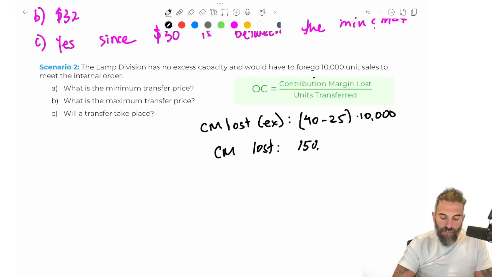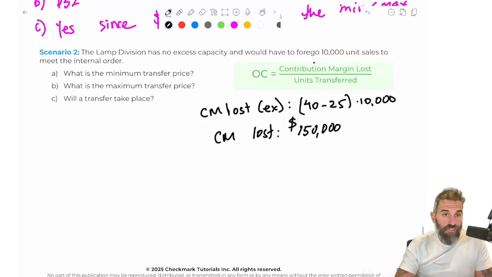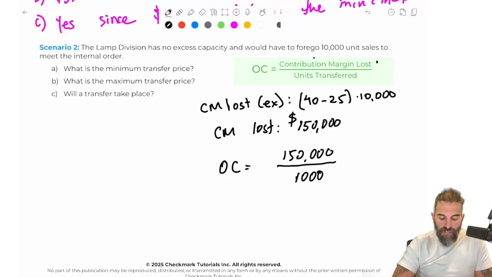They're going to lose $150,000. Okay? So that's your first step. That's the numerator. And then the opportunity cost is that 150,000 divided by the number of units that they're transferring, which in this case is also 10,000. So you end up going in a loop and getting back to 15.